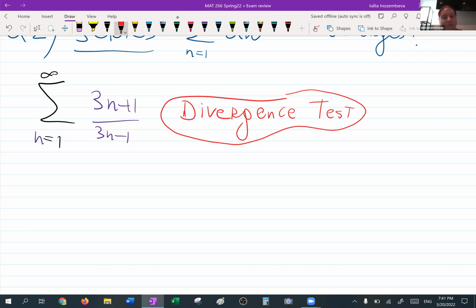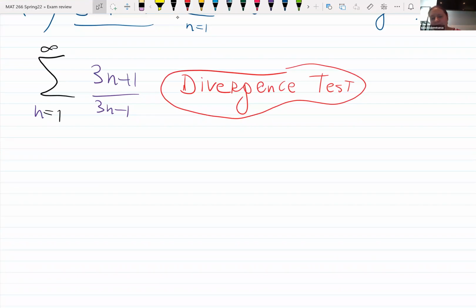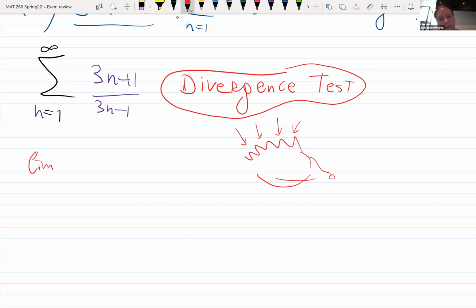That is the idea. So I usually draw a cute picture of the hedgehog. And it's like so, right? And then, you know, it has needles. It has to have needles in order to be a hedgehog. So the divergence test says the limit of the terms has to be 0.